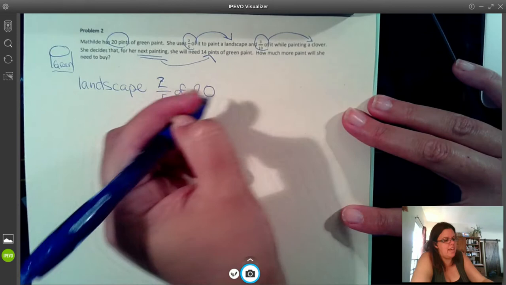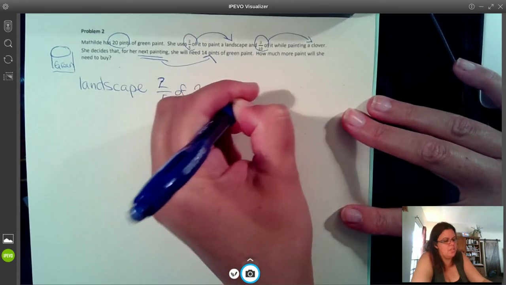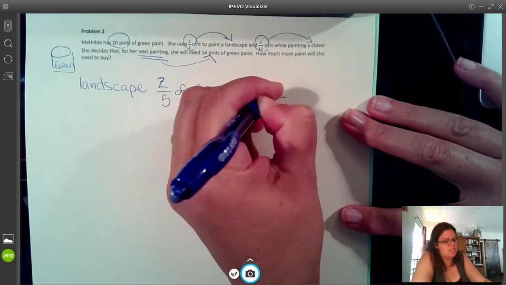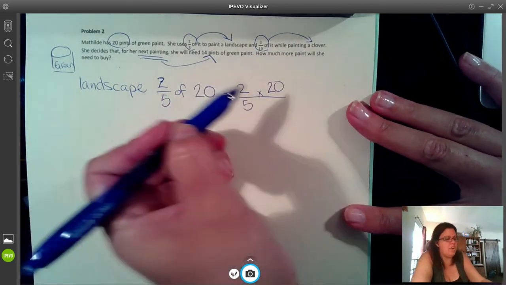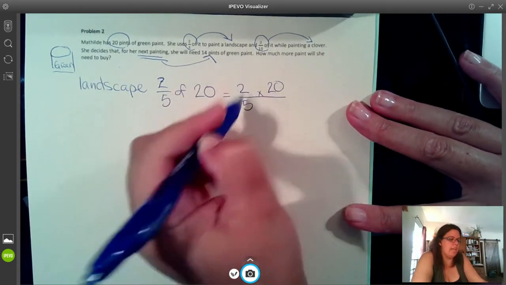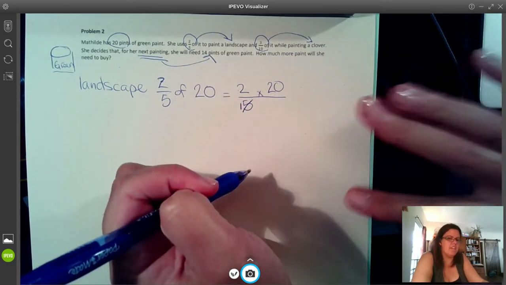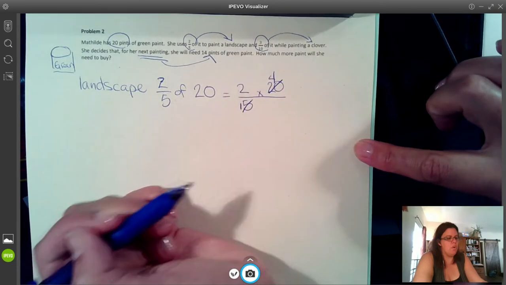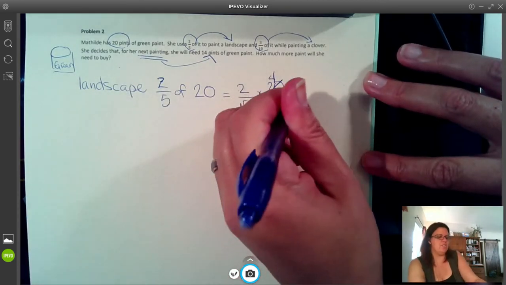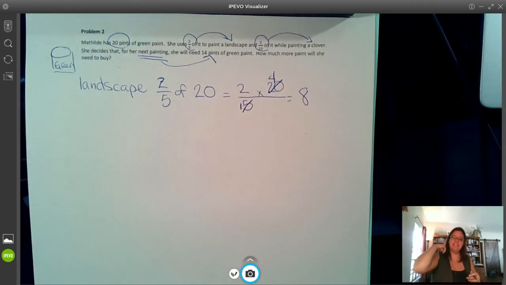Okay, and we know that that can turn into a multiplication problem. We can count by fives to get to 20. So we'll take 1 five and then 5, 10, 15, 20. We'll take 4, and 2 times 4 is 8. So she used 8 pints of this green paint on her landscape.